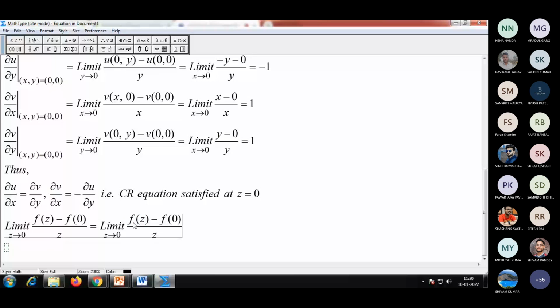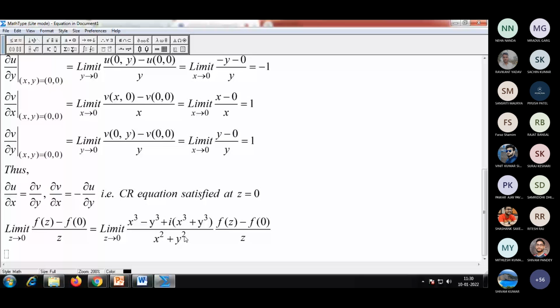So this one, and then z means x plus iy. So this becomes, if you all agree, this one, and in the next bracket x plus iy. This is the value of z.